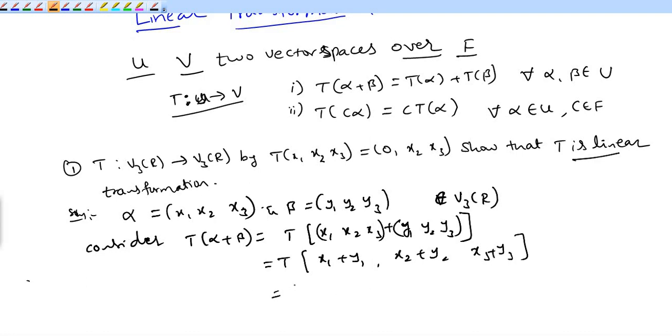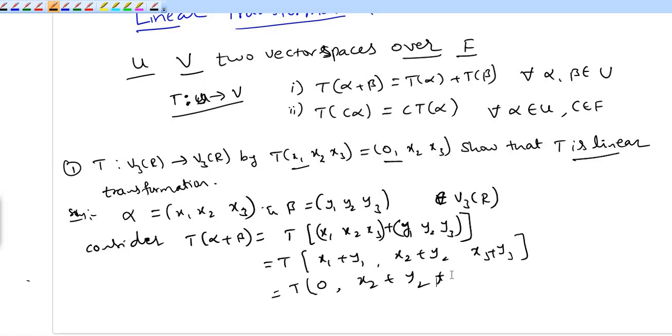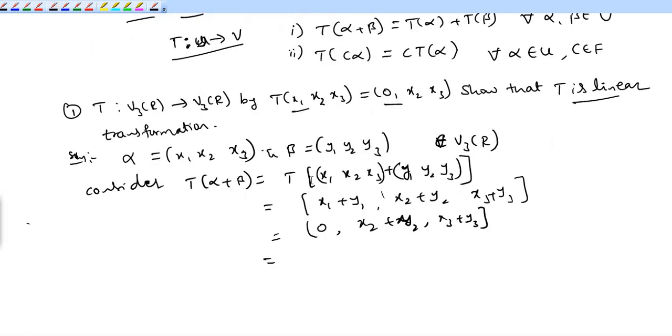Now this is equal to T of x1 plus y1. So here, in this place, the first component is 0, x2 plus y2, comma, x3 plus y3.